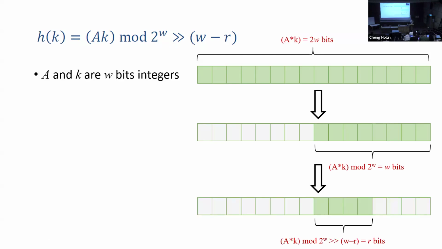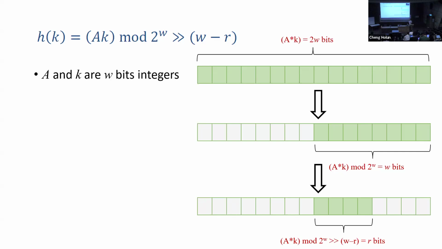How do I take that r bit? By removing the w minus r bits at the end, which means I divide it by 2 to the power w minus r. In binary, shifting is equal to division. You shift w minus r bits, it means you remove the last w minus r bits from that.